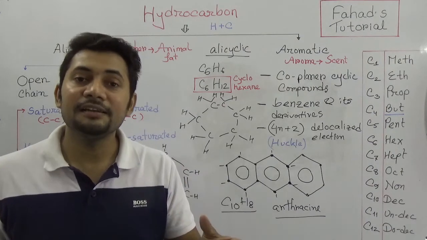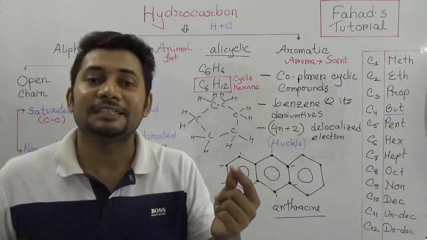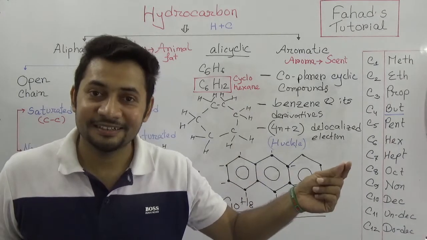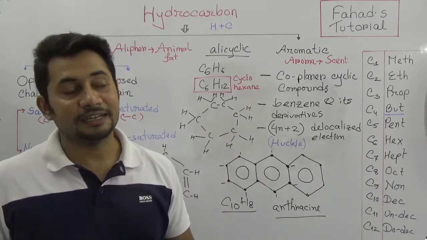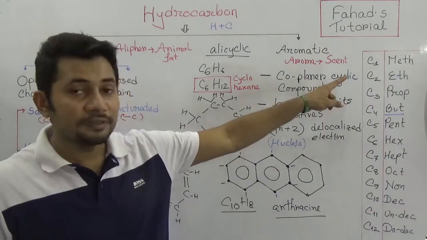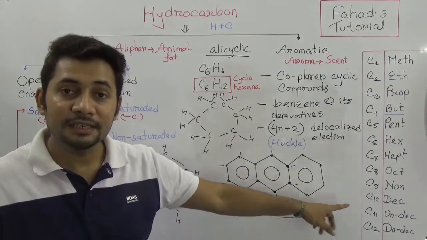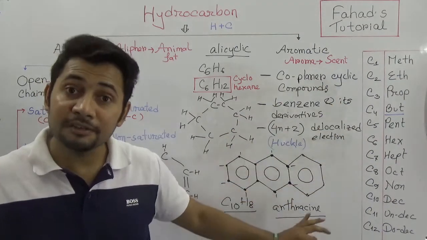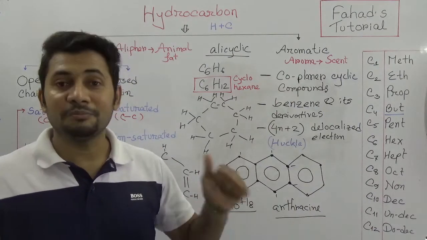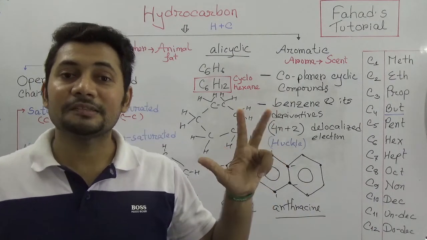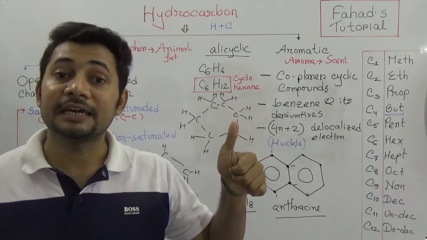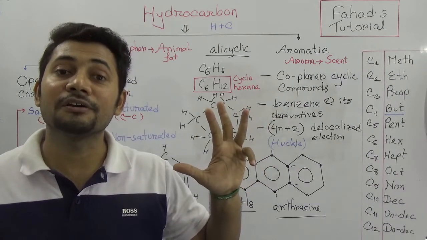So what is alkyl? One hydrogen less from the alkane is the corresponding alkyl. So I hope you can remember this series. This is the prefix series of naming of organic chemistry. You must remember meth, eth, prop, but, pent, hex, hept, oct, non, dec.